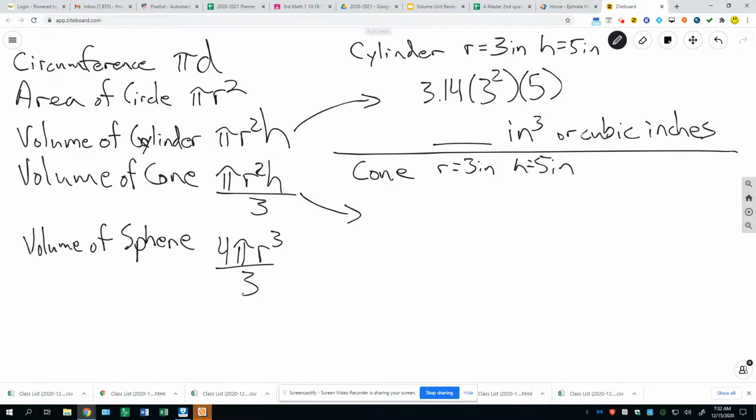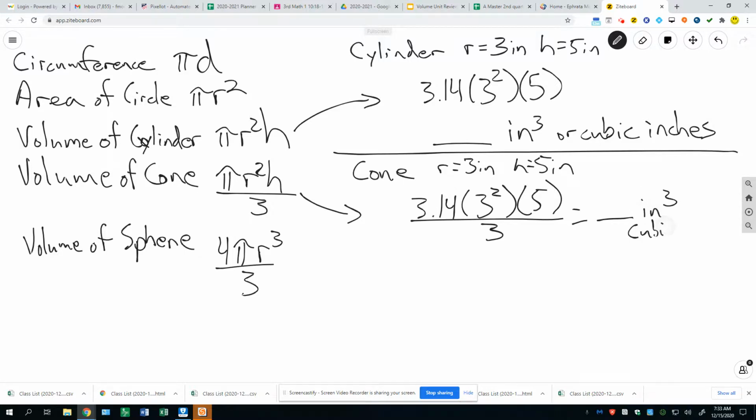Now I'm going to pull this formula over, and I'm going to go 3.14 times 3 squared times 5, and then I'm going to divide it all by 3. And again, it's still going to give me inches to the third or cubic inches. Okay.